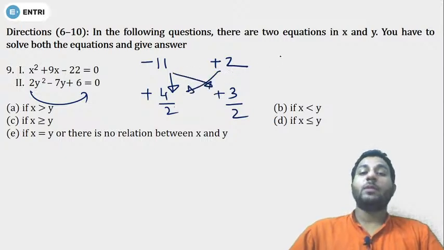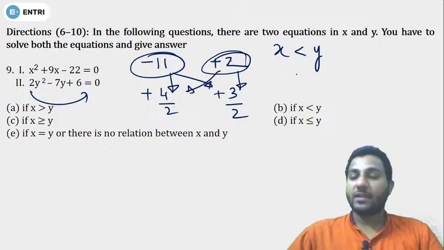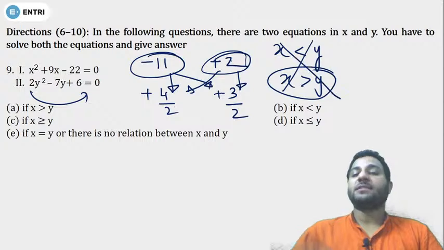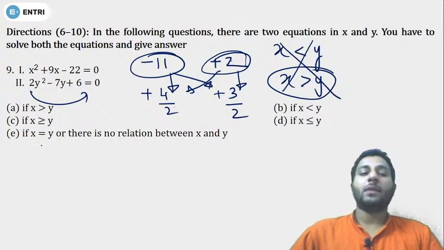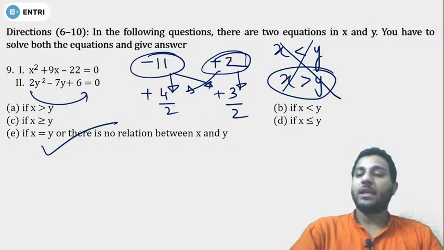But this 2 will be equal and this 2 will be greater. So one comparison has given you smaller, but the last comparison, plus 2 will be compared with 3 by 2. So it has become greater, which means you cannot decide which relation they will establish, which means the relation cannot be established. So option E will be the correct one.